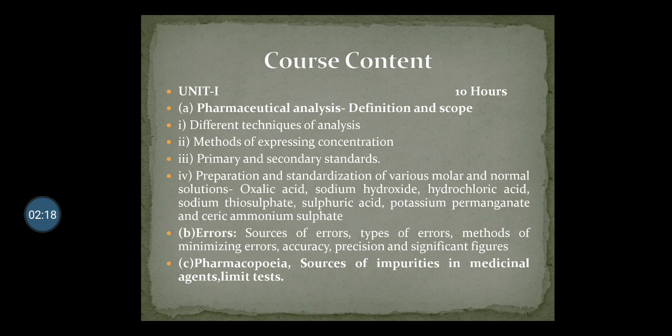Already we have studied the scope and objective of the pharmaceutical analysis 1 subject. Also, we will be dealing with the different techniques of analysis. Different techniques of analysis means the different ways by which we will be carrying out the analysis of various pharmaceutical substances.